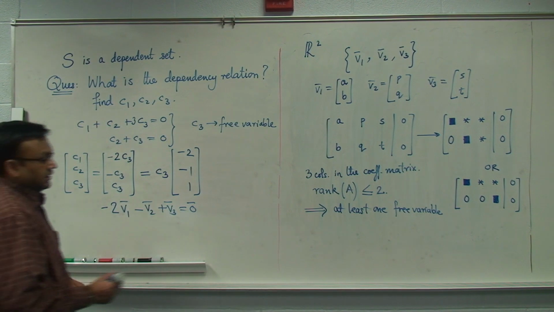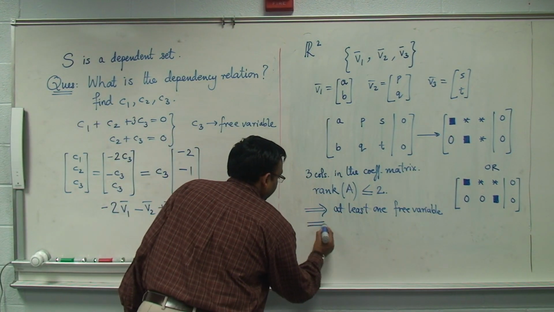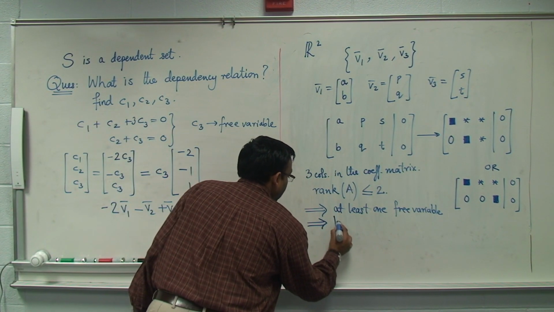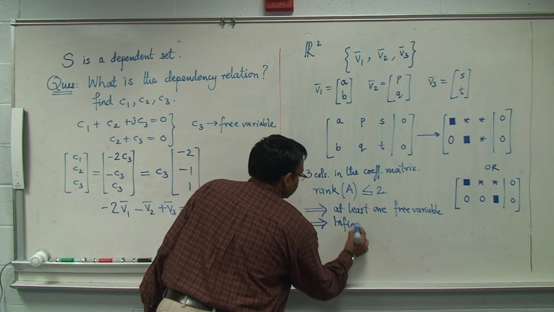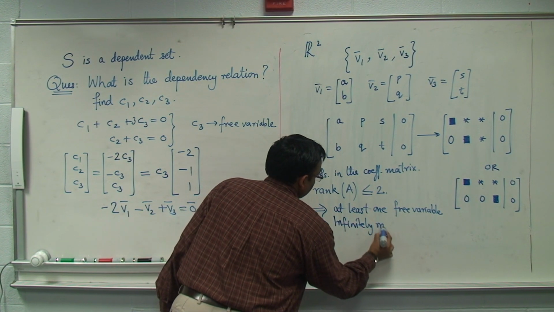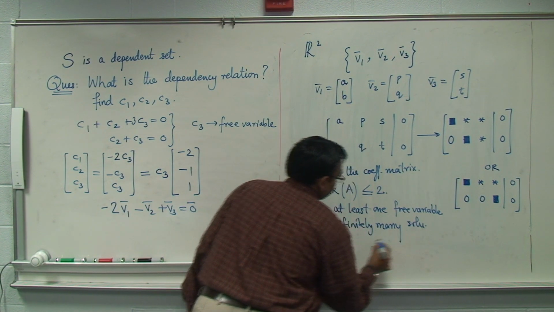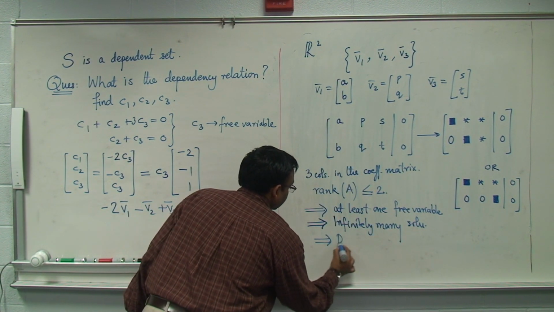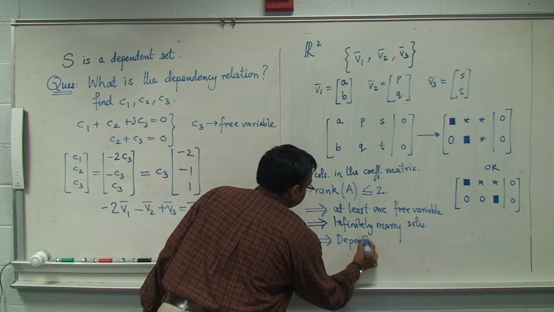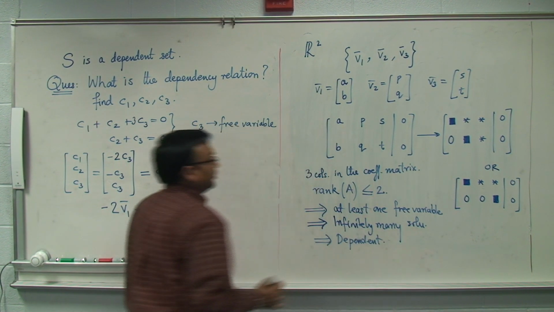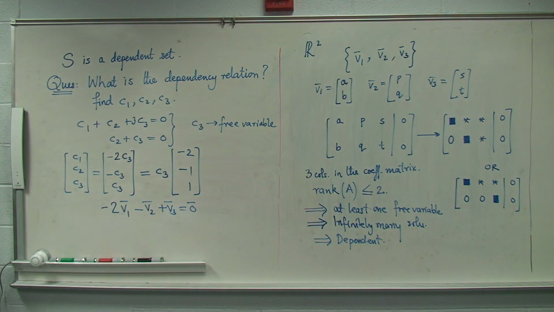So the moment I say it has at least one free variable, that tells me it will have infinitely many solutions. So that means the set must be dependent, because I can always find non-zero solutions to my equation.